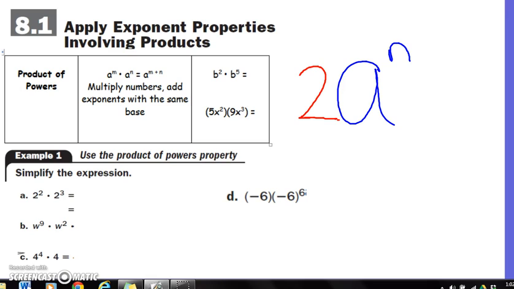First of all, does anybody know what the name of any of those pieces are? These all have a name. What's the exponent? The A. The A is not the exponent. The N is the exponent. The A is a variable, but in this case we're going to call it a base. What is the 2? It is a number.